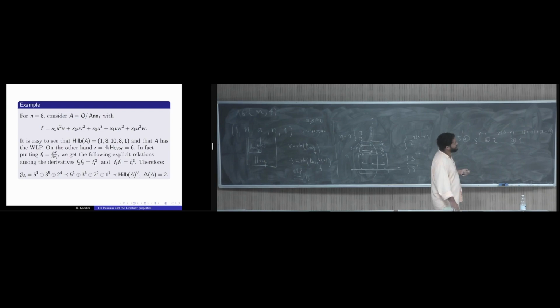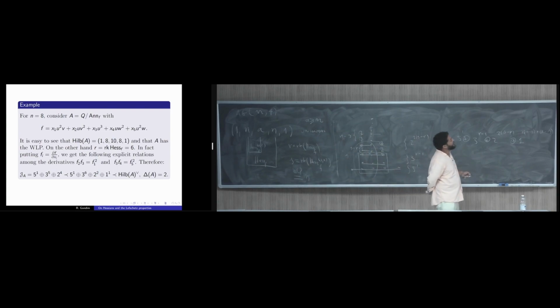This is an explicit example. With delta 2, the delta, again, is the codimension of Z, which is the corank of the Hessian.